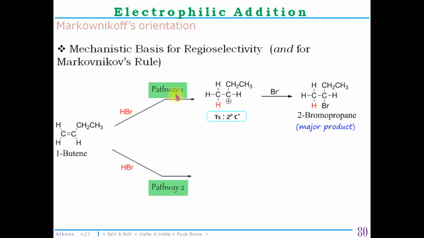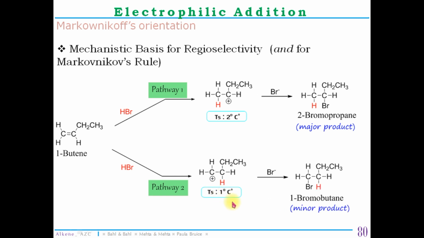In pathway 1, if hydrogen adds to the carbon which has more hydrogen substituents, it gives a secondary carbocation, and upon addition of bromide we get 2-bromopropane. In the second pathway, if hydrogen adds to the carbon with fewer hydrogens, we will get a primary carbocation intermediate.